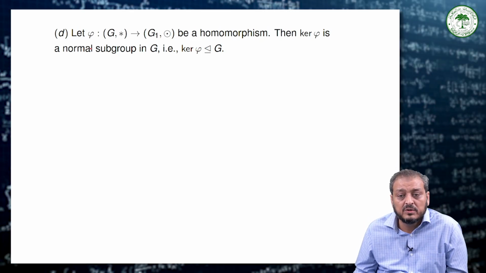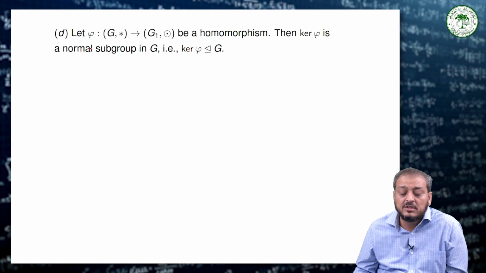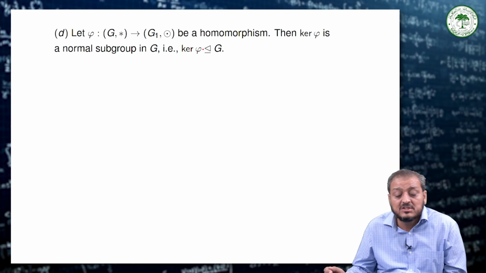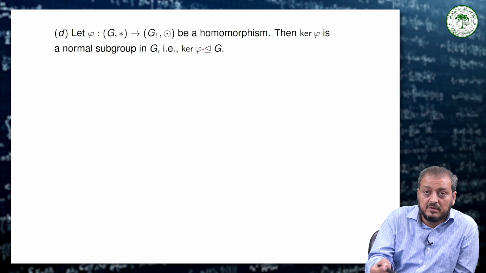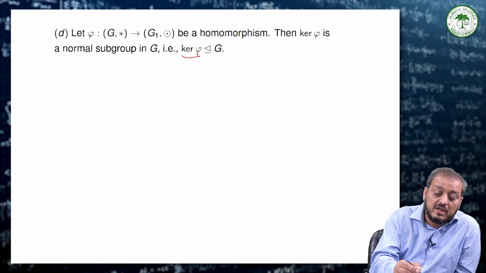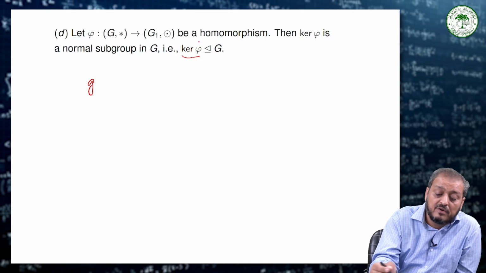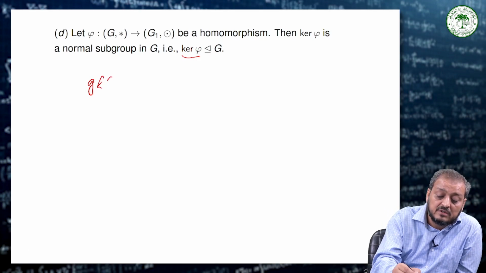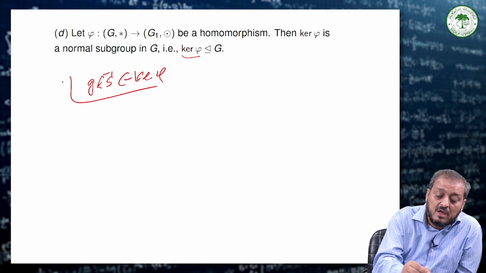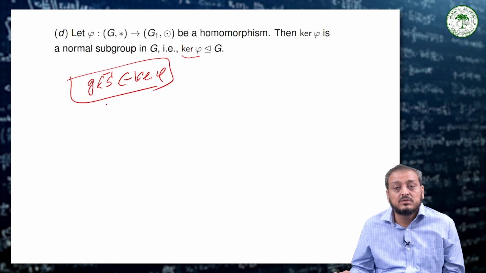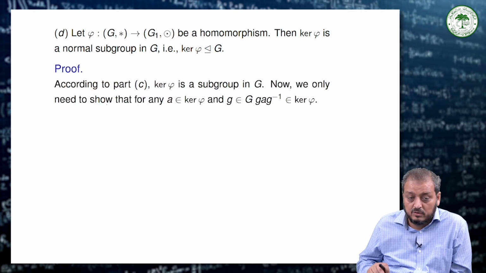Then we try to show that the kernel of phi is a normal subgroup in G. For this we take an element of the kernel of phi and an element of G. Suppose phi of H is identity, then G inverse H is an element of the kernel of phi. If we show that, then we can easily say it.